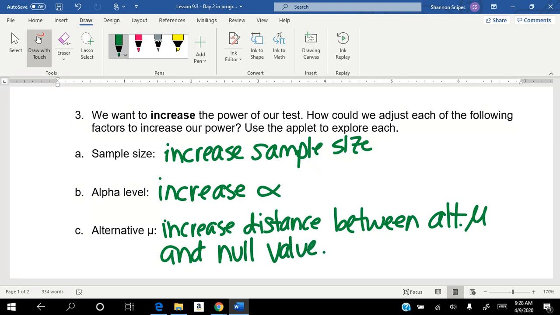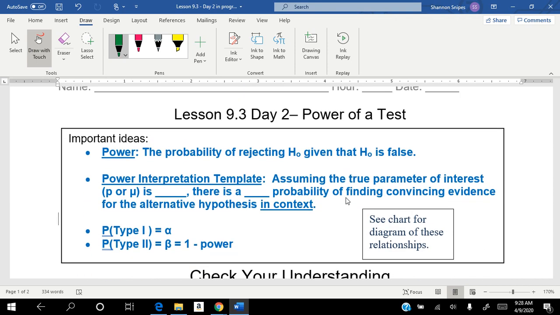So your power is the probability of correctly rejecting the null. All right. So there's the definition of power, the probability of rejecting the null, given that the null really is false.